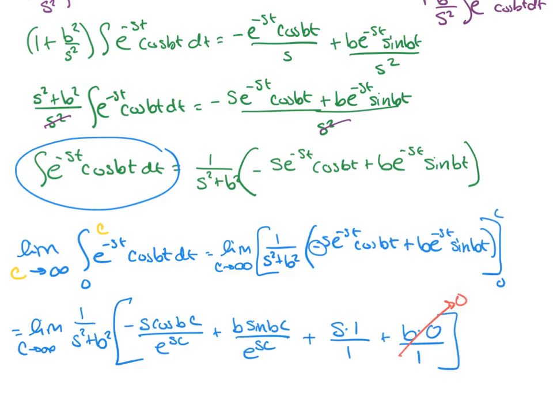And then this cosine and sine mess over here. So remember, your c is what the limit is carrying to infinity. E to the sc in each denominator here is increasing without bound. But both sine and cosine are bounded between negative 1 and 1.